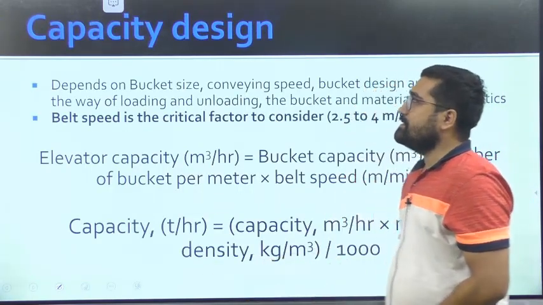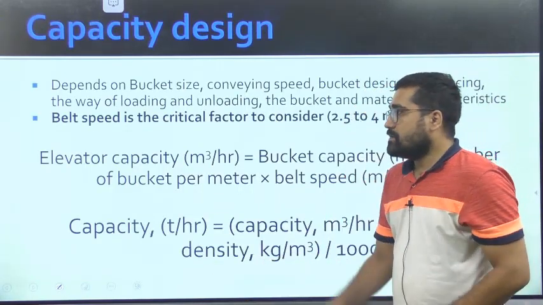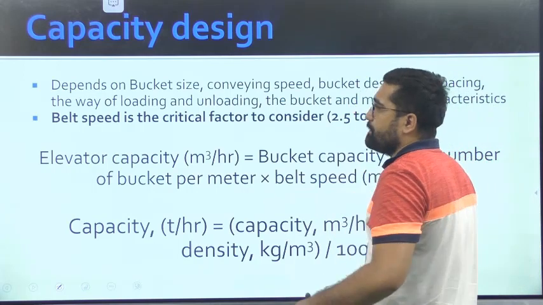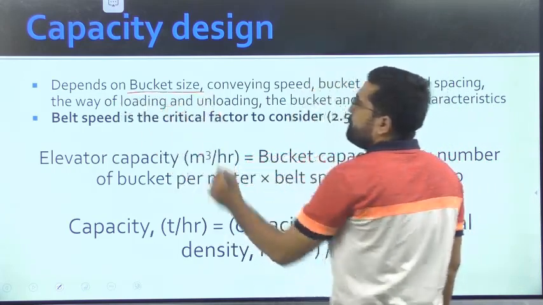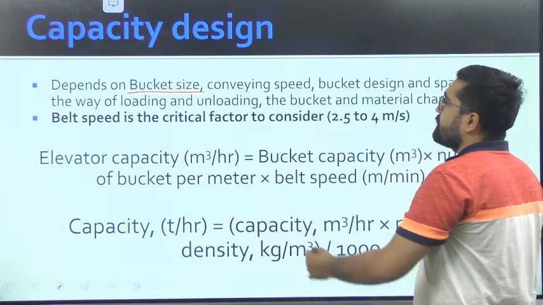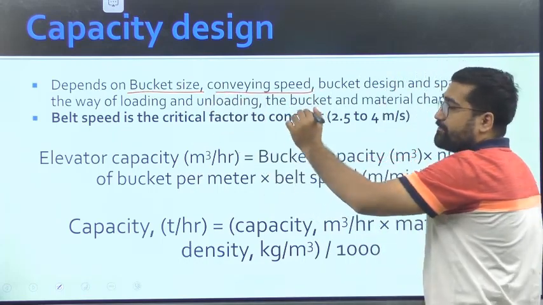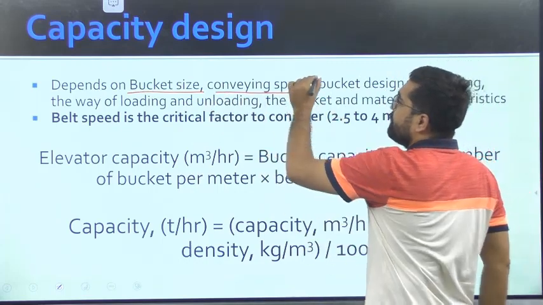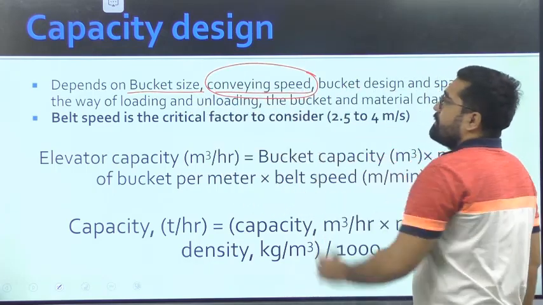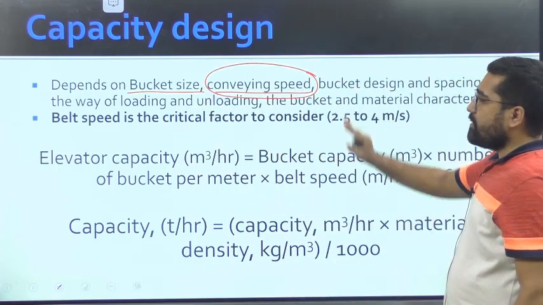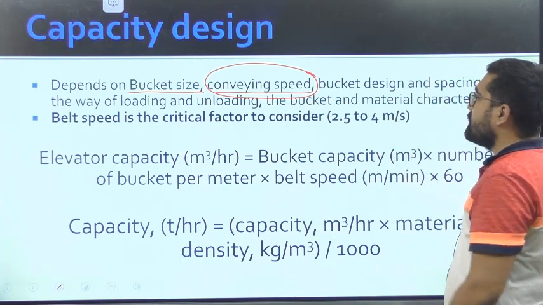So first comes the capacity design. Capacity design depends upon bucket size, what is the size of the bucket, and what is the speed of conveying. Speed of conveying is very important; it is the most important among all when designing the capacity of a bucket elevator.